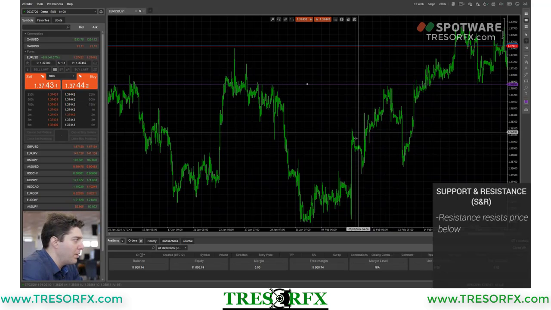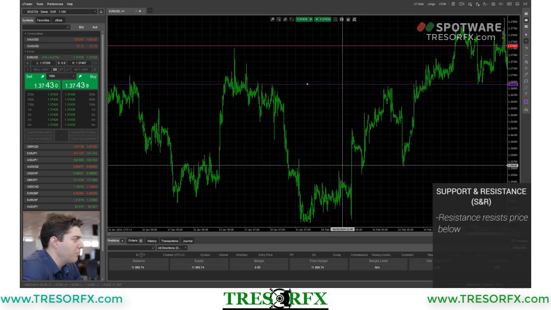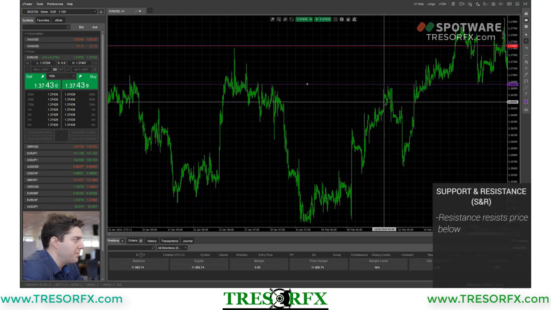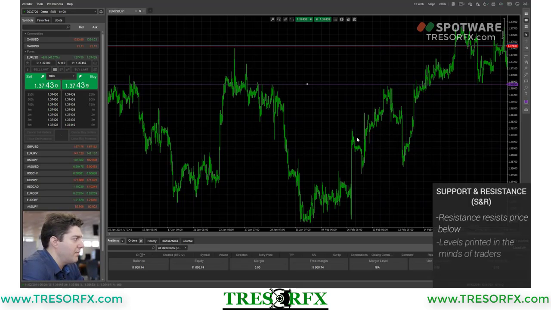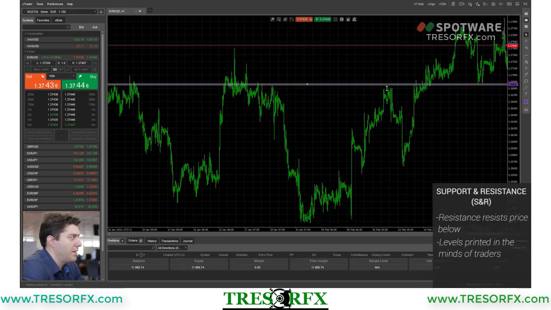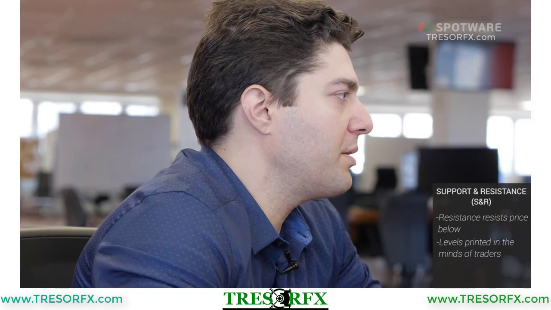And the people who wanted to enter in this below swing would wait for some retracement, which happened here. So at this specific level, a lot of people are closing their long positions using a short, and a lot of people are entering the market using a short, because it's a previous point. And that's why in this place we have a big effect. So that's why support and resistance levels are important, because they're printed in the minds of traders.